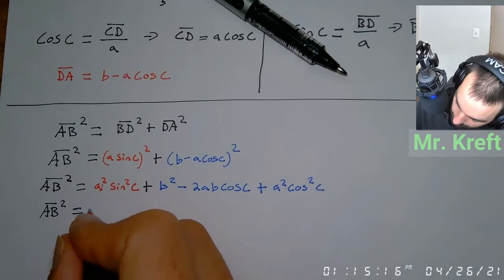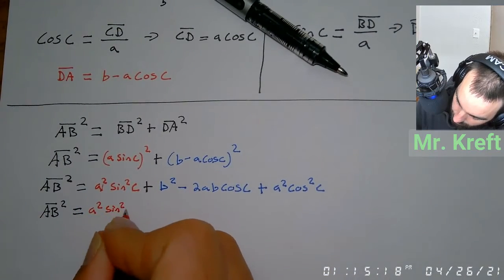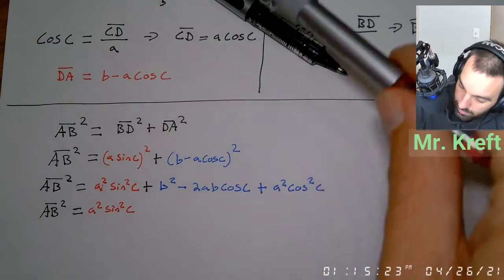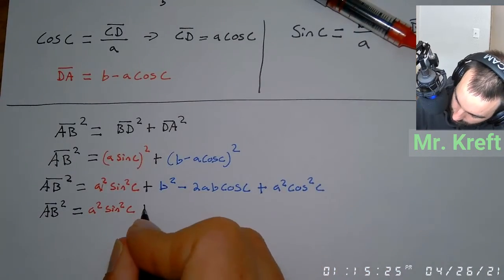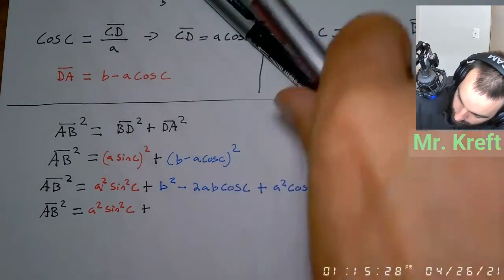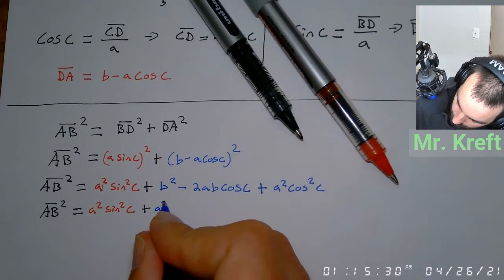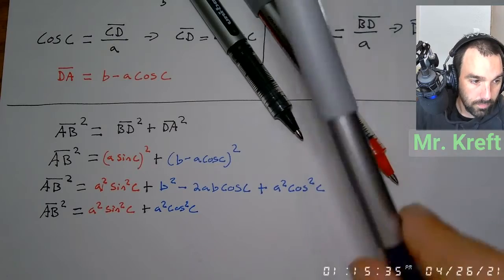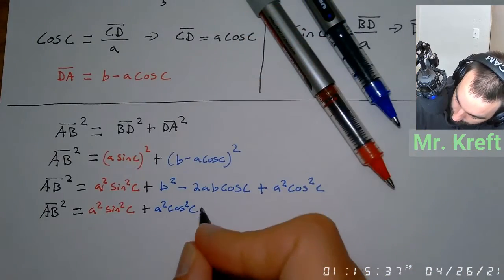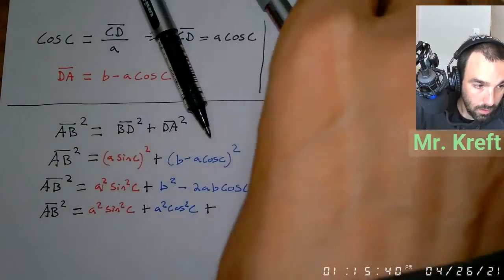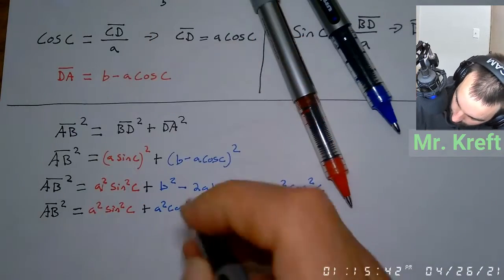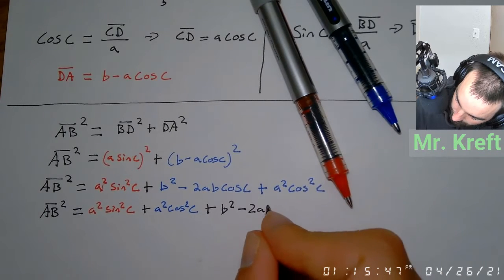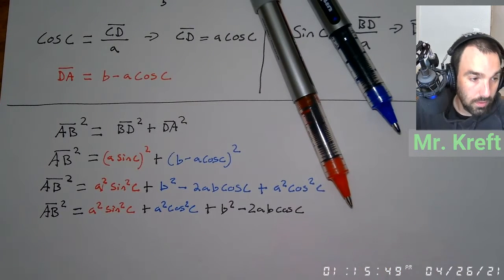We're going to keep the A squared sine squared C. But then plus, we have A squared cosine squared C. And then plus B squared, oops, I don't know why I wrote this in black. Now I just feel terrible. Minus 2AB cosine C.